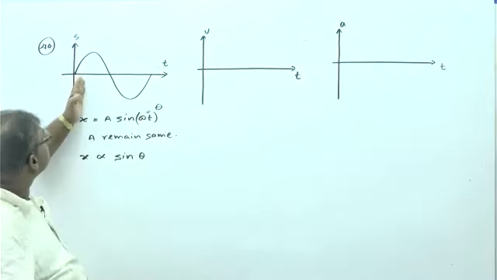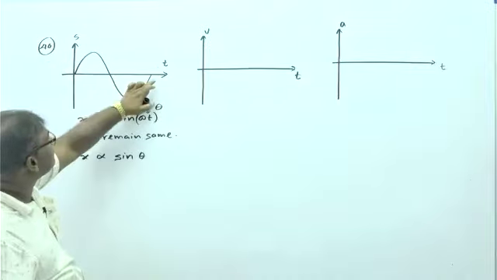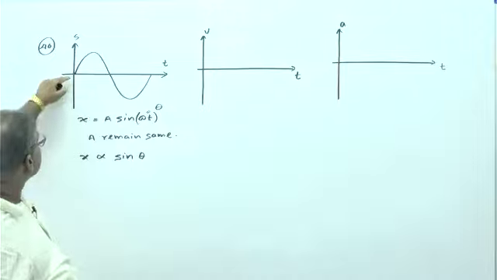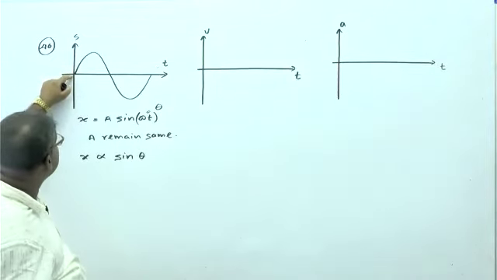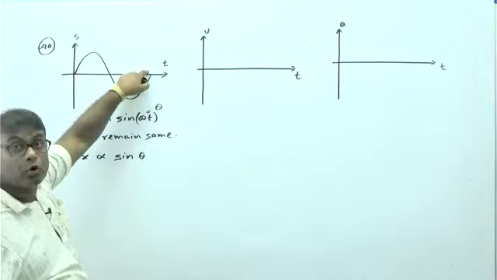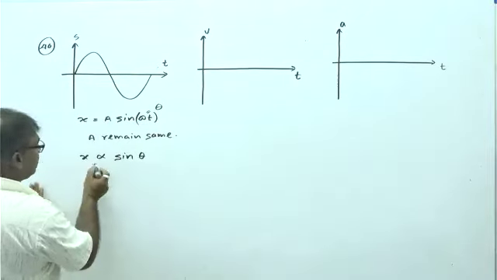This is the variation of displacement against time from the center of oscillation. The starting time is the center of oscillation. From here to here is one oscillation. So this is the derivation.